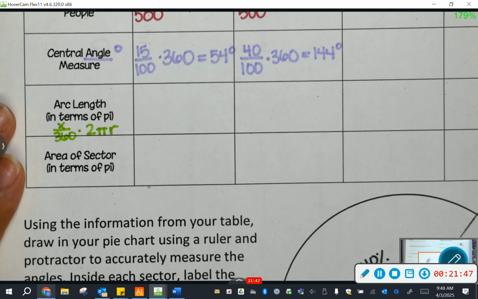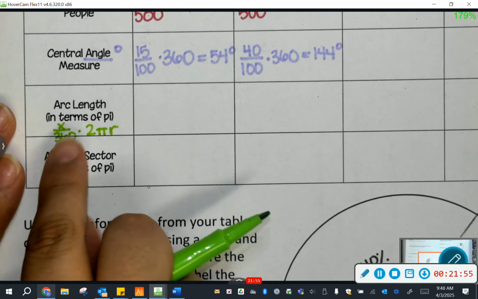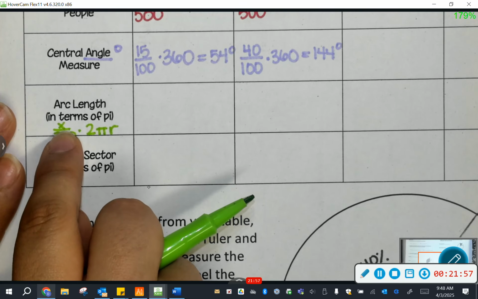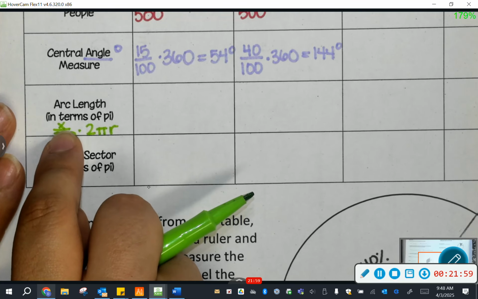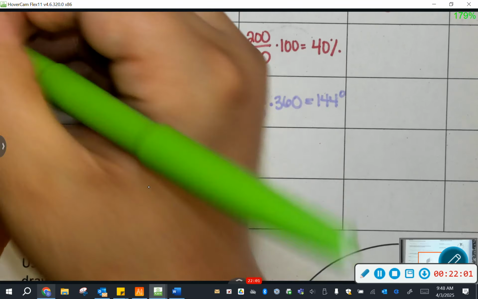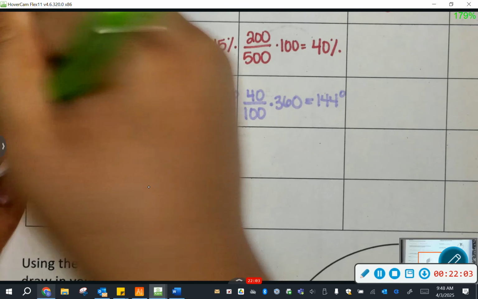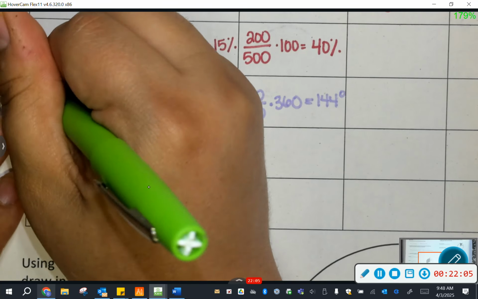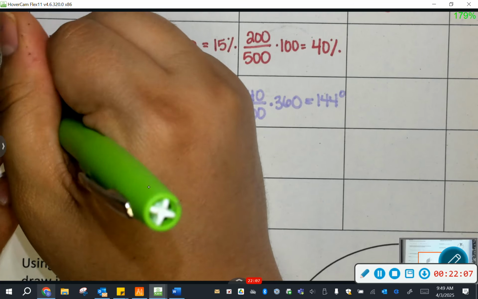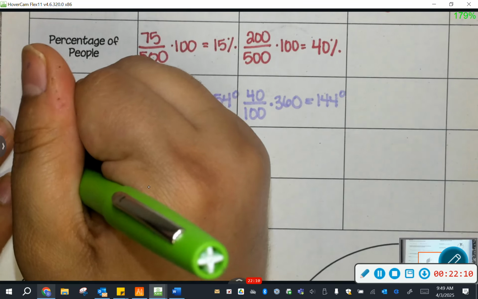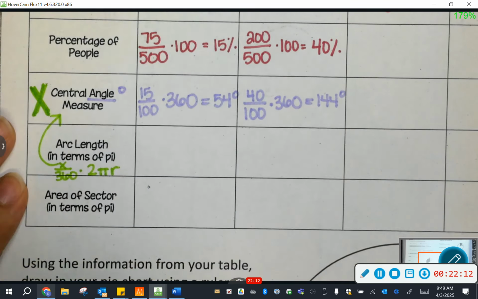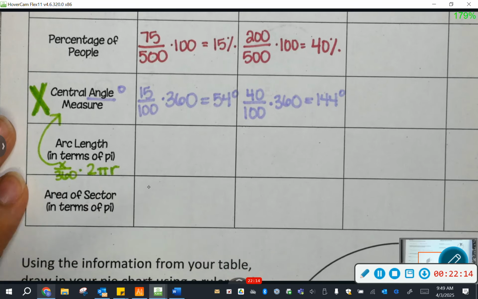What does my x stand for in this formula? Degrees. Where did we just figure out the degrees? Y'all, this column right here is the x. So you are going to use whatever you got in the column right above it for the x.